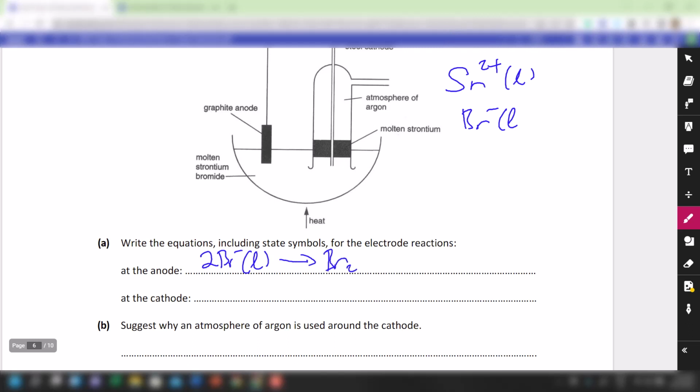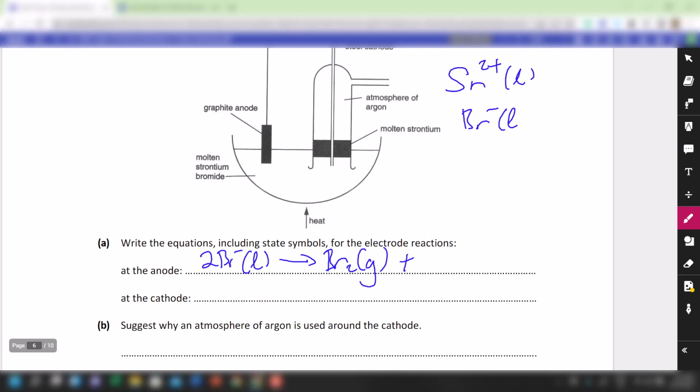At such a high temperature, if you do check up, the melting point of strontium bromide is about 640 plus degrees Celsius. So this whole setup is likely to occur at around 650 to 680 degrees Celsius. At that temperature, I expect bromine to exist as a gas, so it will be produced as a gas accompanied by 2 electrons.